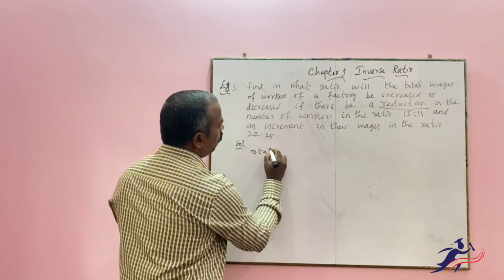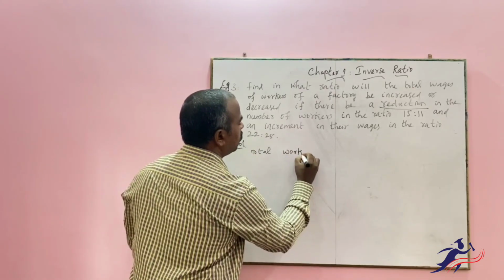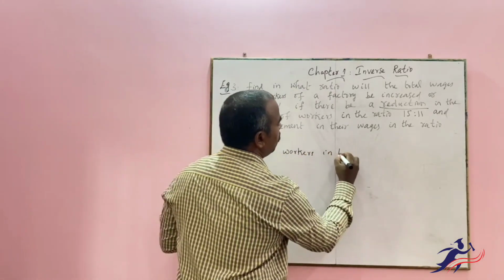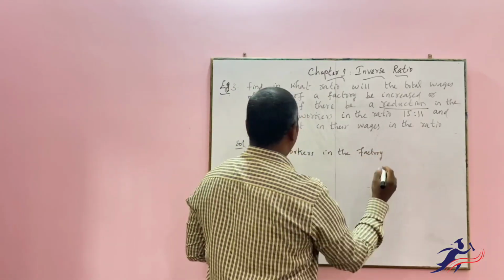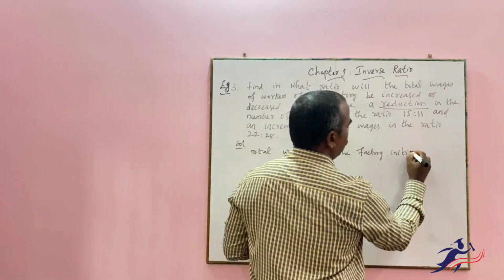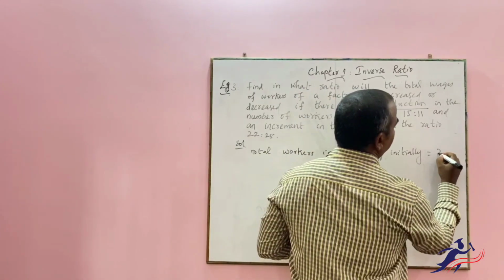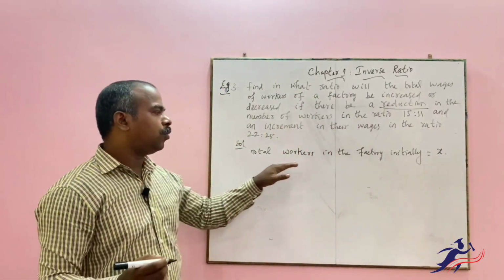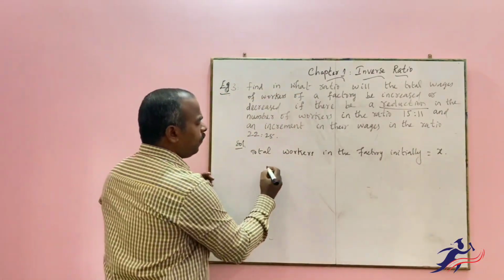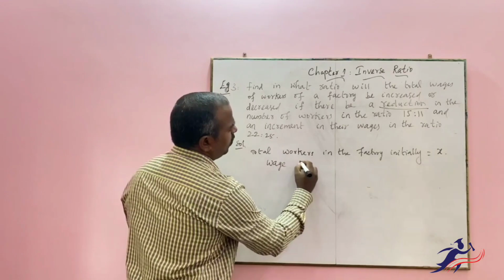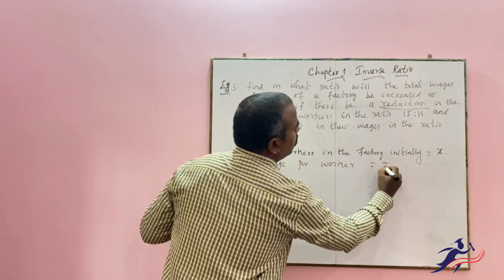Total workers in the factory initially is equal to X. Wage per worker is equal to rupees Y.